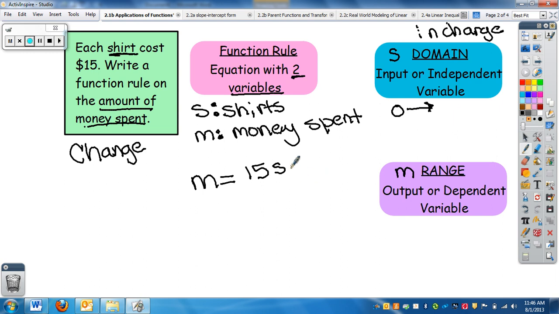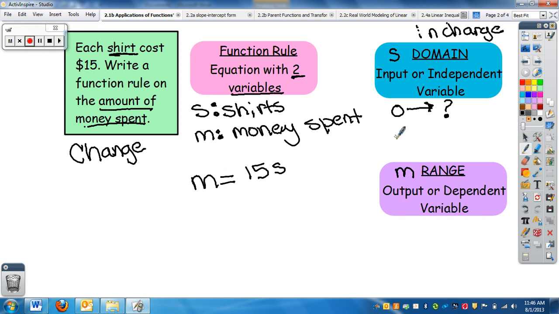Well, if you really think about it, is there a limit of how many shirts you can buy? If you really think of the context, yes, how many are actually at the store. But if you really took that out of play, it can go up to any amount. You cannot have negative numbers, because you can't buy a negative number of shirts.